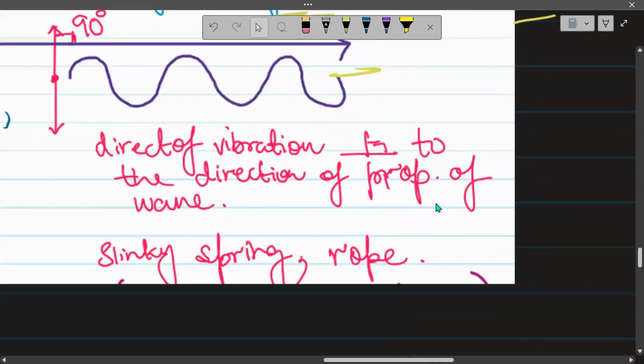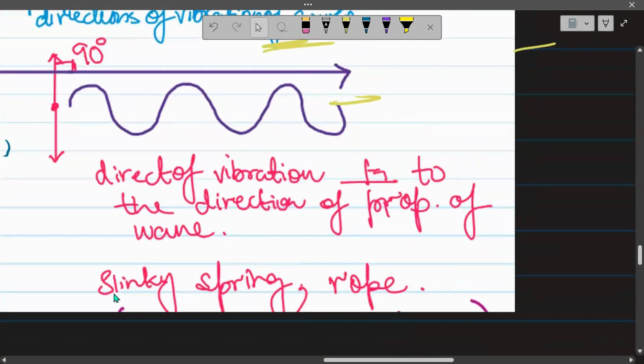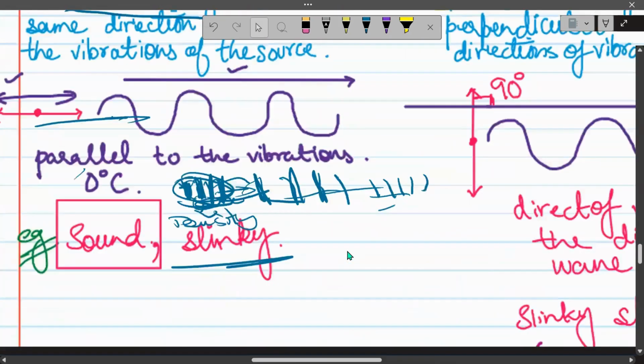Now, what are some examples? It can be a slinky, string, and rope.